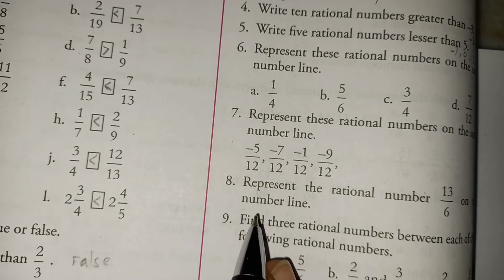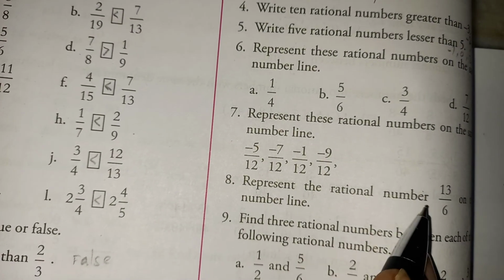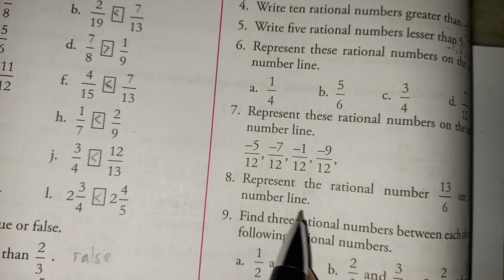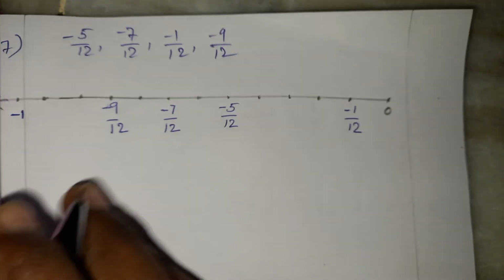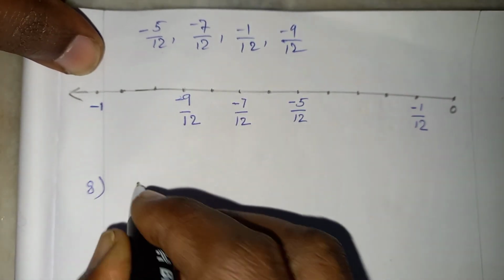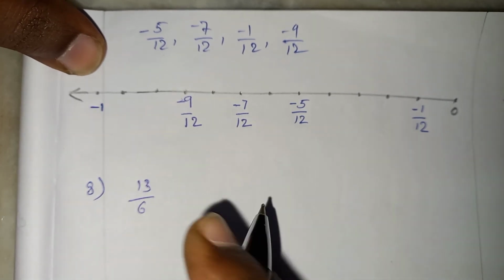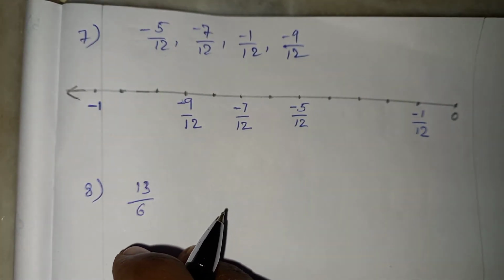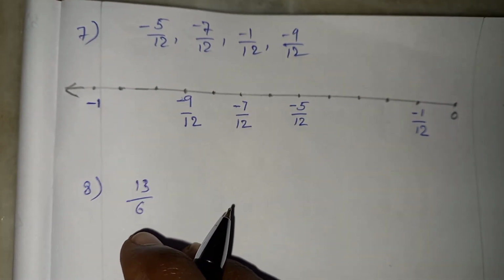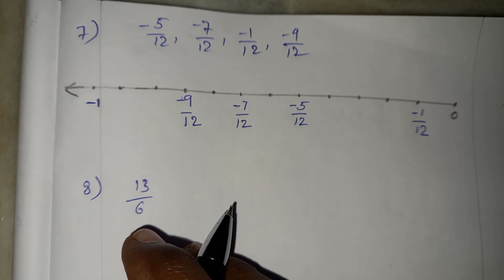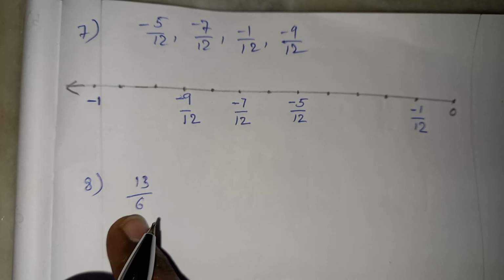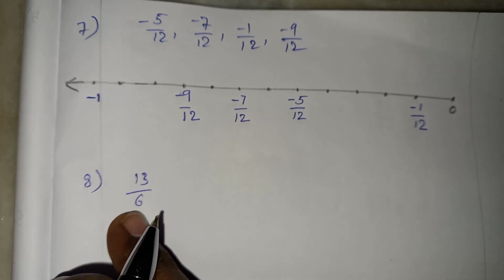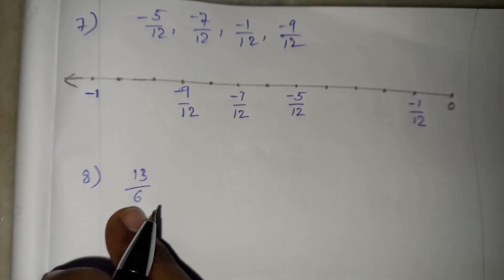Next, question number 8. Represent the rational number 13 by 6 on a number line. Till now you have done many questions. In the sixth question also, 2 questions I left for you to do on the number line. Now this is 13 by 6.